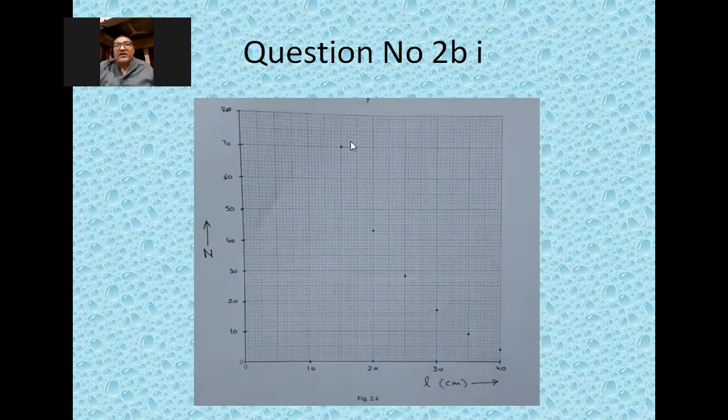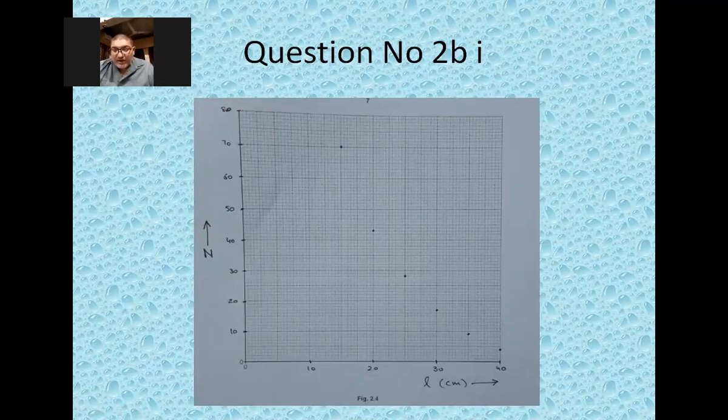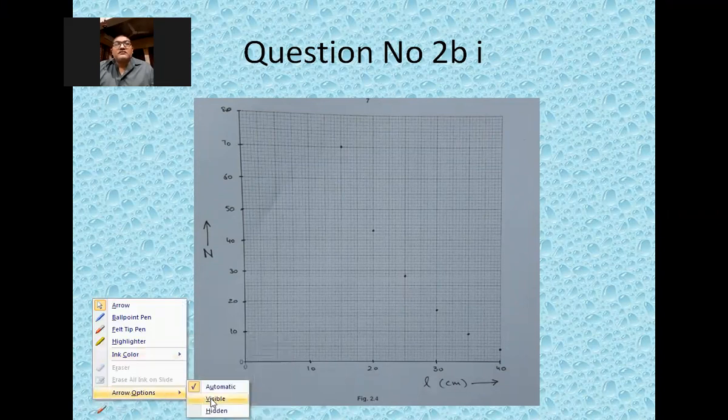The first point here is 15, 70. And then we have this point, which is 20, 43. And then I have this point, which is 25, 28.